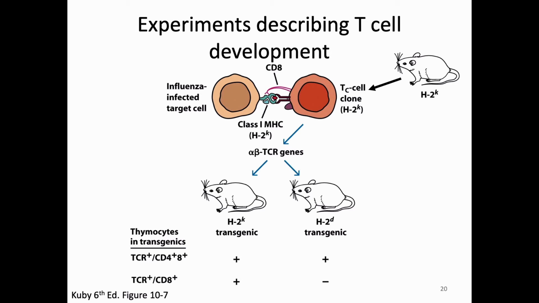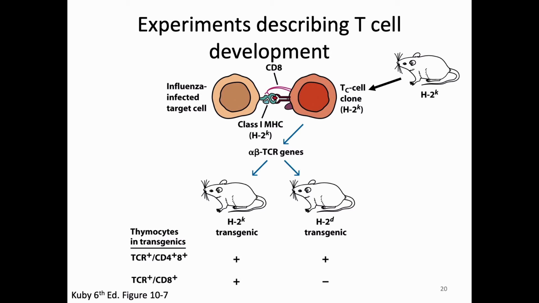It's even another experiment. So I start with a mouse of the H2K haplotype. I pick one of its T cells. It happens to be the CD8 that recognizes influenza. If I put those genes in a mouse of the same genetic background, I get double positives. I get CD8s. It works.